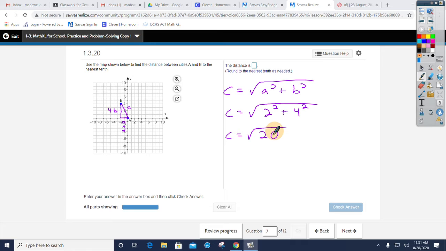And it says round to the nearest tenth if needed. So you would take your calculator and go square root of 20. And I'm pulling my calculator right now and doing that. And it's going to round to 4.5. It goes 4.47, but round to the nearest tenth means you have 1 decimal. So that 7 makes that other 4 round up to a 5. All right, again, that's pretty straightforward.